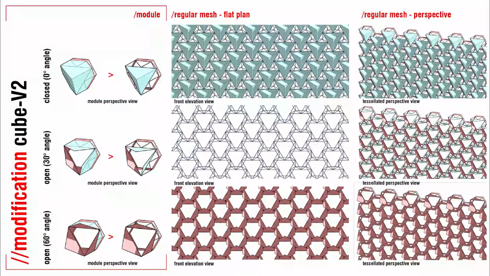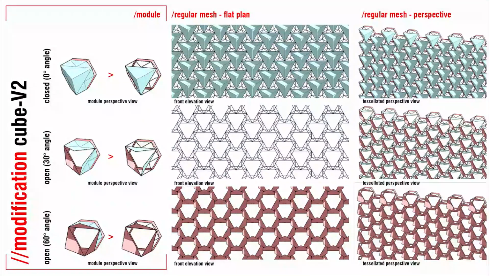The reason why I tried to modify cube V1 and cube V2 is because if we look at the previous result of cube V1 and cube V2, whenever the facade is not open and stays at 0 degree angle, the facade acts like a solid wall.